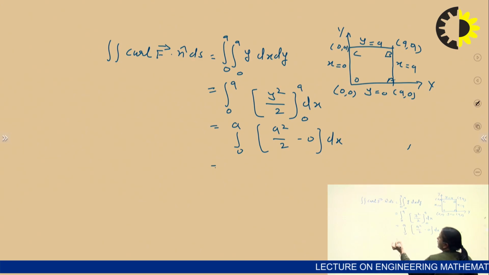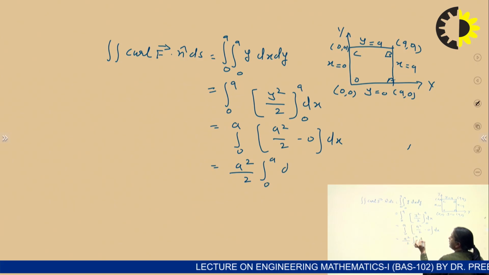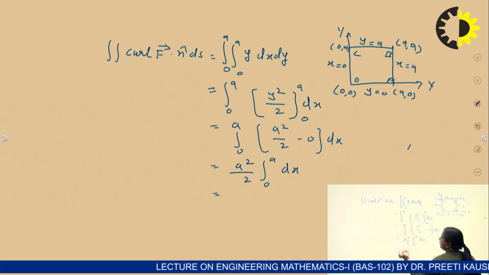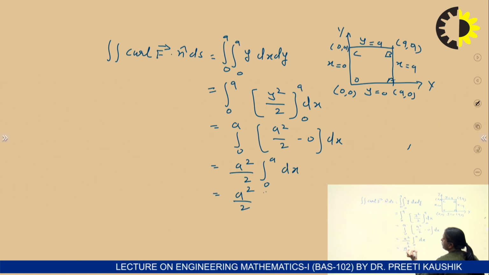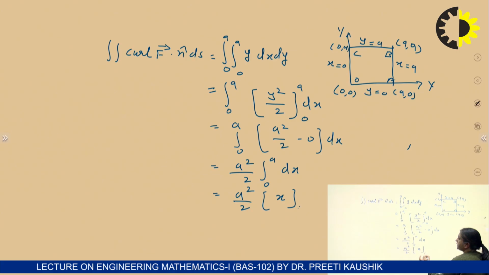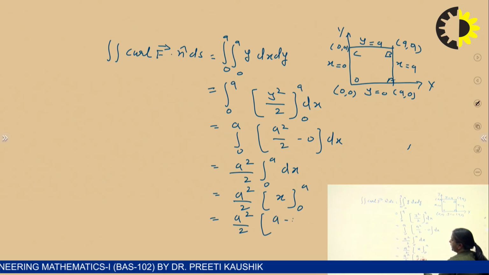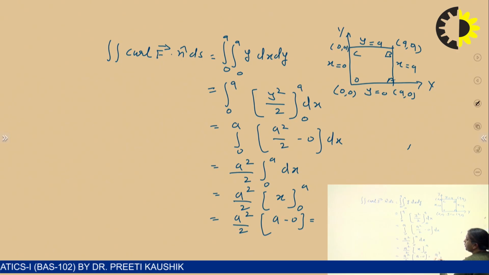If we take the constant out of the integral 0 to a dx, the value of the integration will be a square by 2; the integral of dx is x for the limit 0 to a, so a square by 2 times a minus 0. Then our RHS becomes a cube by 2.